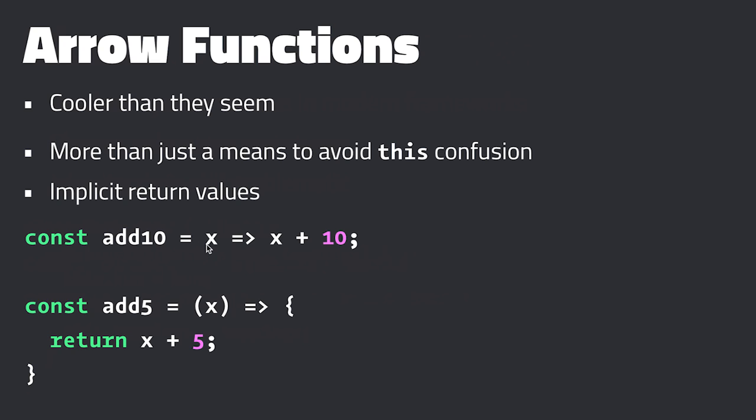It takes one input parameter and it adds 10 to it. And we can see we have this really nice mathematical way of describing functions. And there's no squiggly braces in this case. And this is the implicit return that I was talking about, where that x plus 10 gets returned as the result of the function. And arrow functions can also use classic squiggly blocks too, and you can do an add 5 just like this.